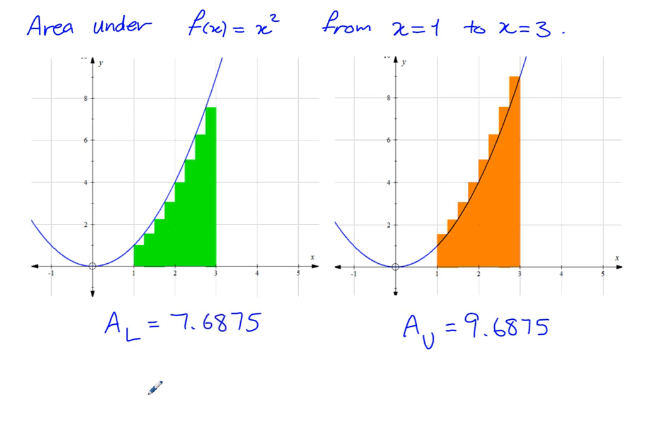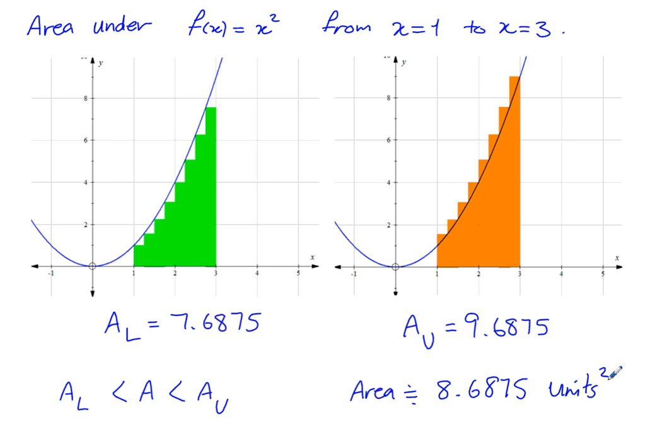So again, the actual area should be between the area of the lower rectangles and the area of upper rectangles. The average of these two estimates equals approximately 8.6875 units squared. If you keep increasing the number of rectangles, you will get closer and closer to the actual area.